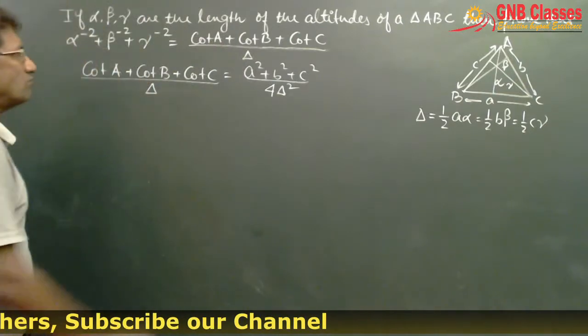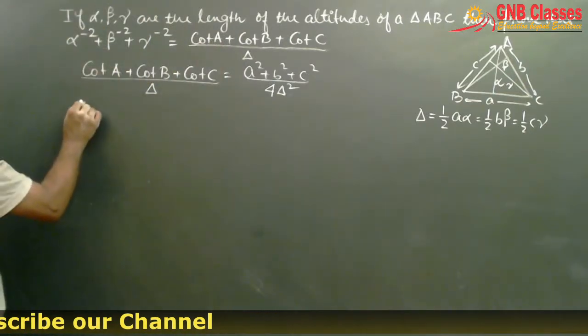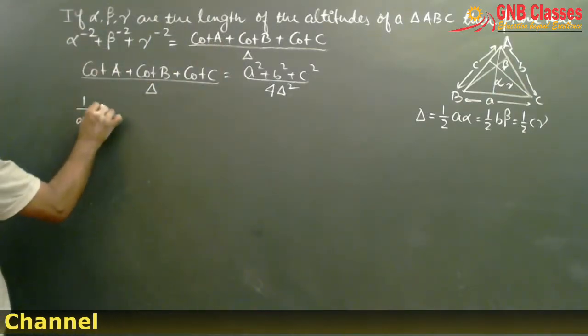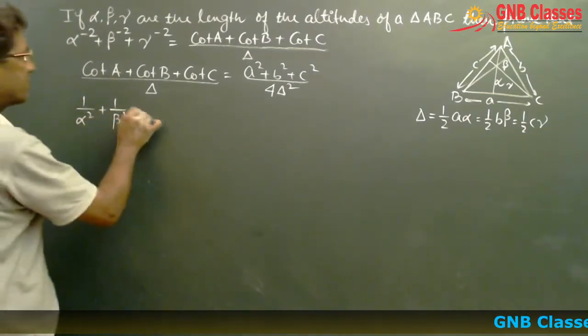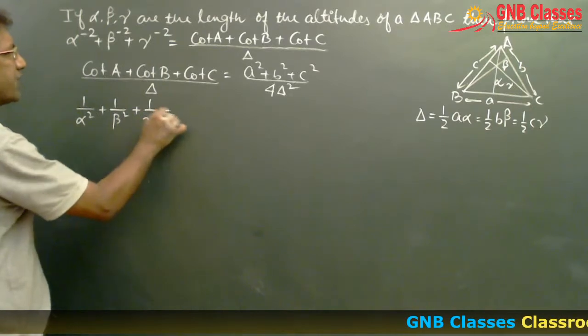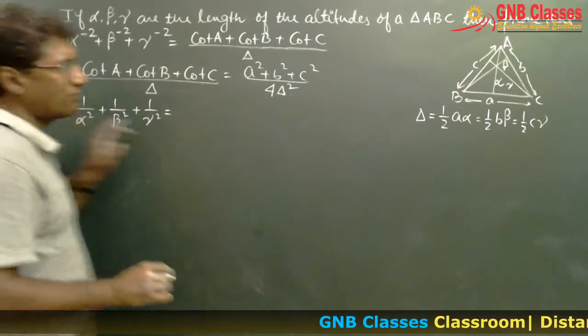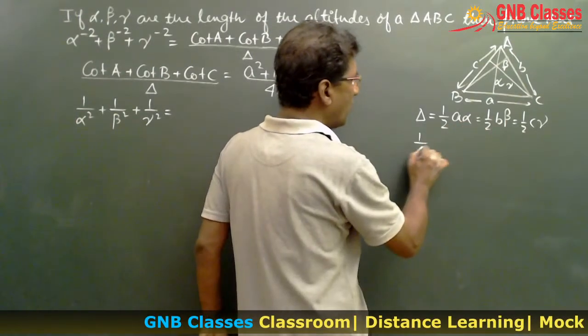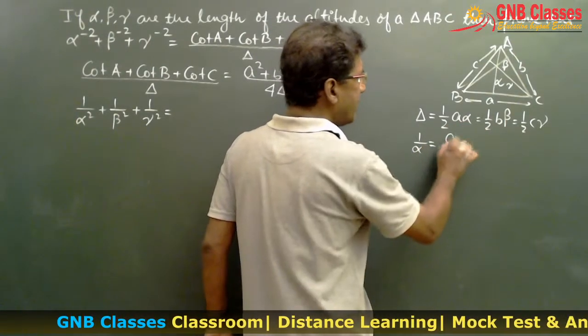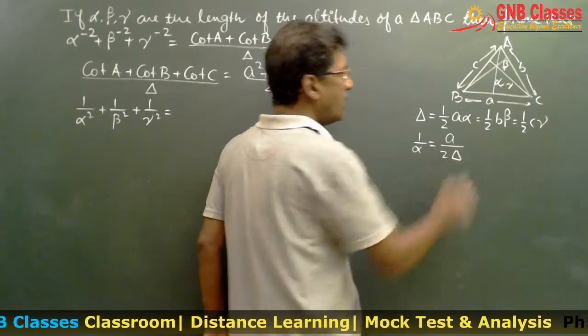Now, if we come to the left hand side, we have 1 by alpha square plus 1 by beta square plus 1 by gamma square. Tell me first, 1 by alpha can be written as what? A by 2 del. Am I correct?